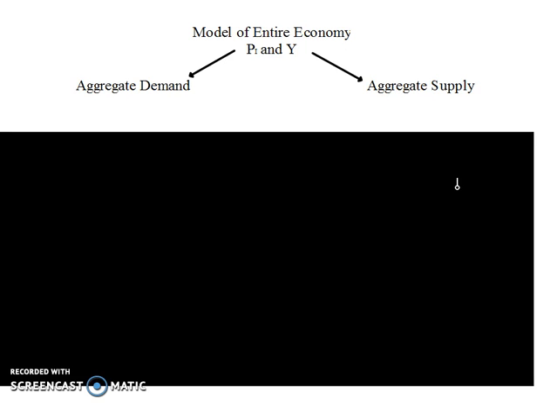Keep in mind some really important things. One, we are modeling the entire economy. We're going to try to model the entire economy with this aggregate demand, aggregate supply model. There are two variables that are going to show up on the axes. The real gross domestic product, the real GDP, is going to be on the horizontal axis of this model.